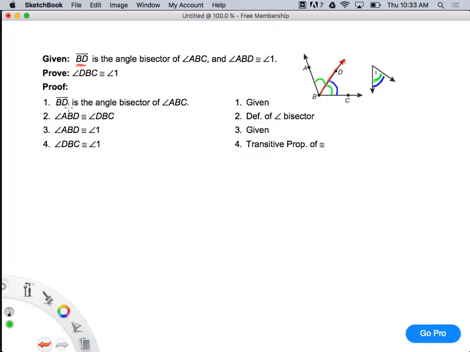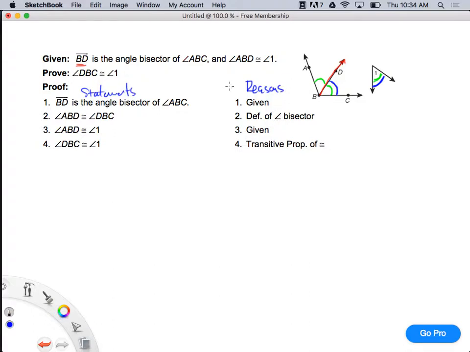Okay. And so this is what the proof is. The proof starts with what we're given, and then it moves forward based on what we know. So the first thing is that BD is the angle bisector of angle ABC. That's given. So this is a 2-column proof. Here on the left, I have the statements, and these are the reasons.